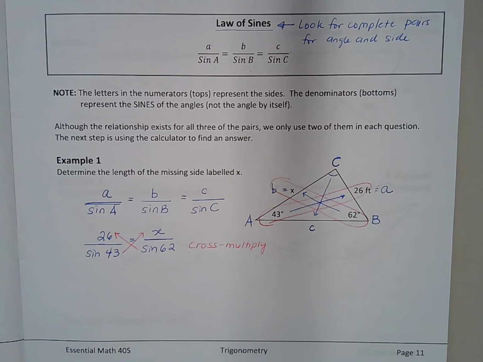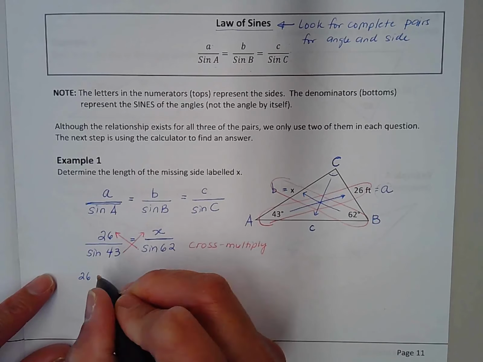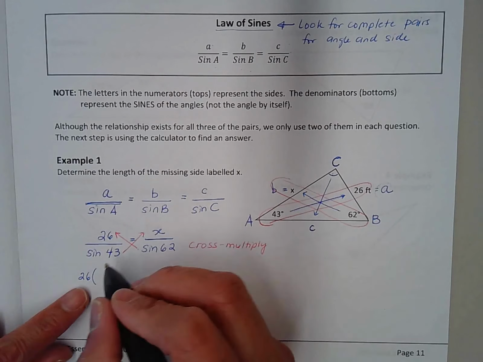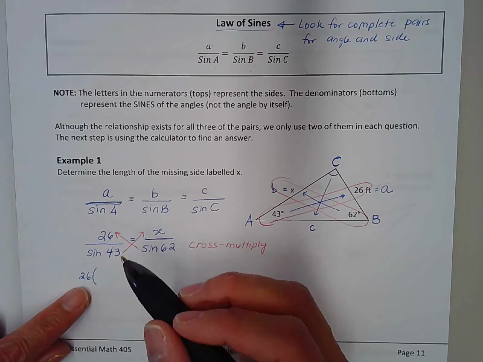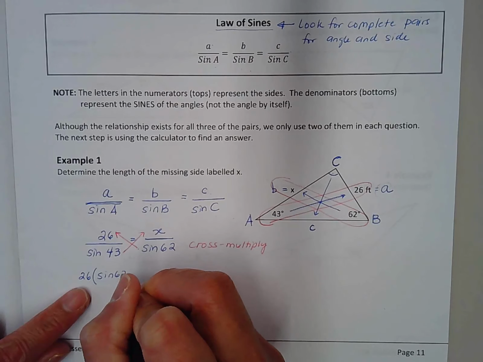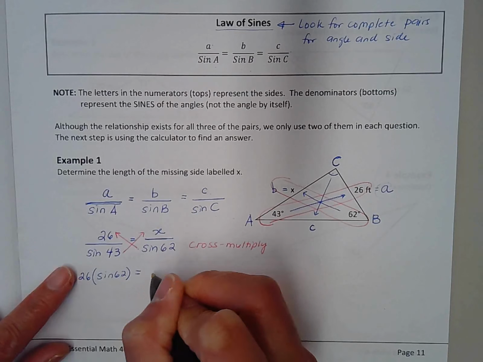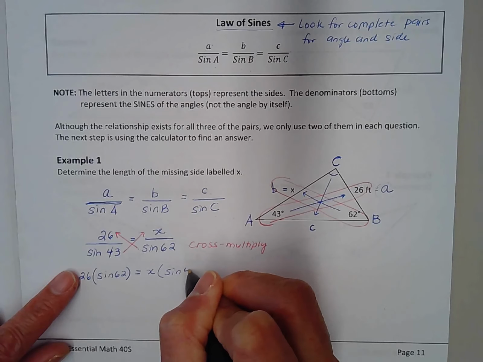Cross multiply. So when we do that, we're going to have 26 times, to do the multiplication, I'm using the brackets. So 26 times sine of 62 equals x times sine of 43.